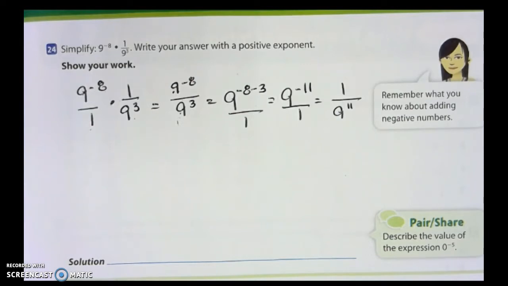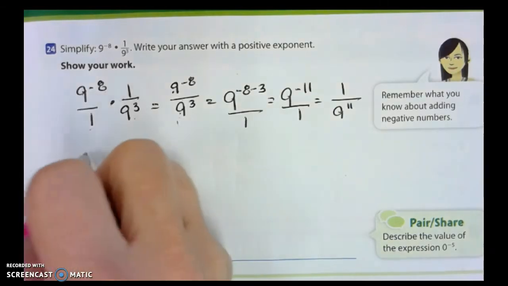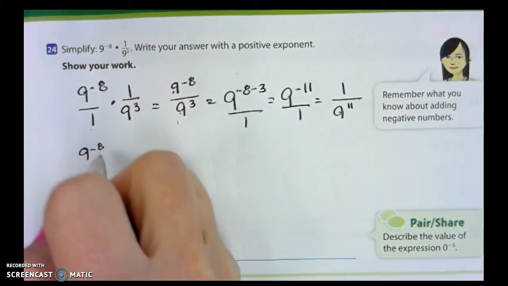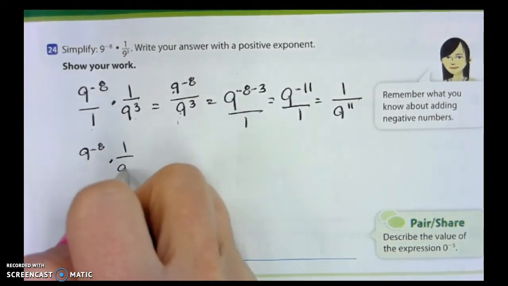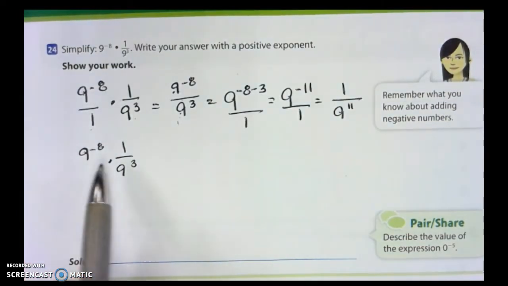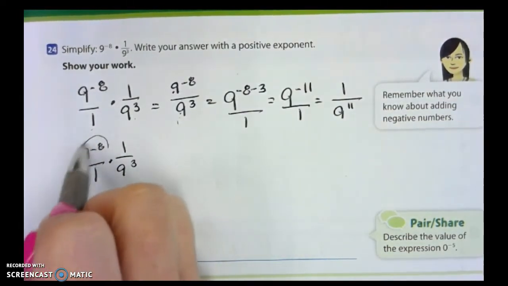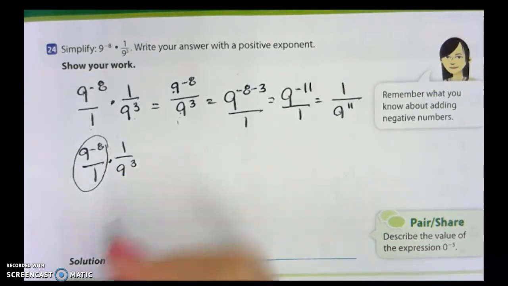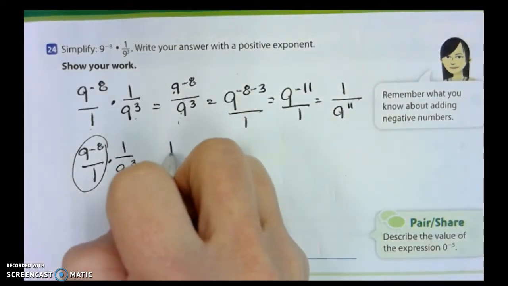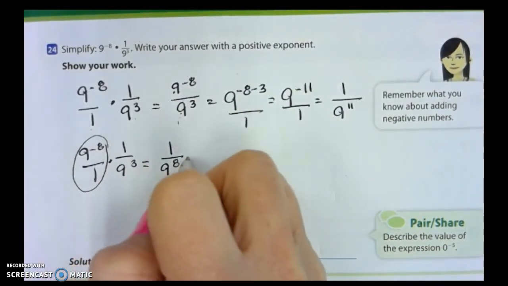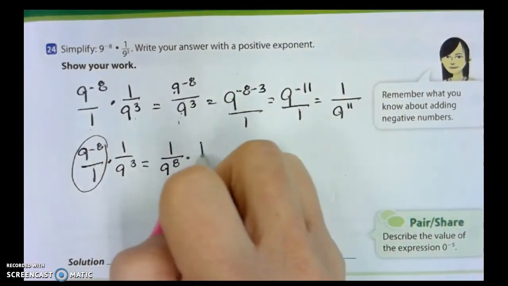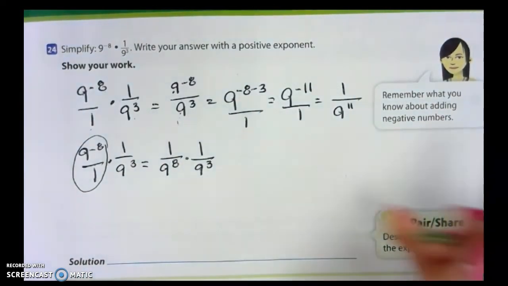The second way to do this would have been to have dealt with the negative exponent at the beginning. 9 to the negative 8 times 1 over 9 to the 3rd. I could have made this a fraction and took the reciprocal of that, which would have gave me 1 over 9 to the positive 8 times 1 over 9 to the 3rd.